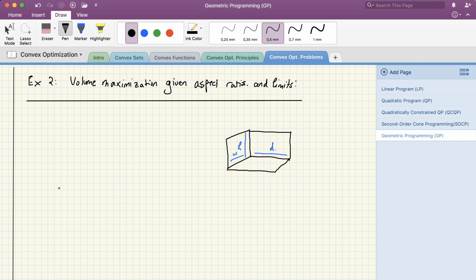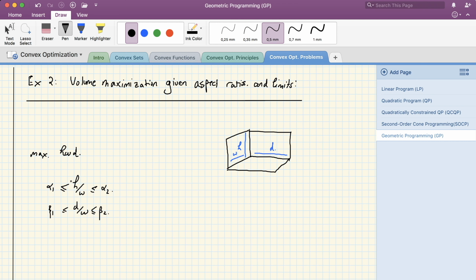I'm forced to respect some aspect ratios. That is, h over w is bounded between alpha 1 and alpha 2. Likewise, d over w is bounded between beta 1 and beta 2. And let's not forget, I'm trying to maximize the volume, that is, h times w times d.